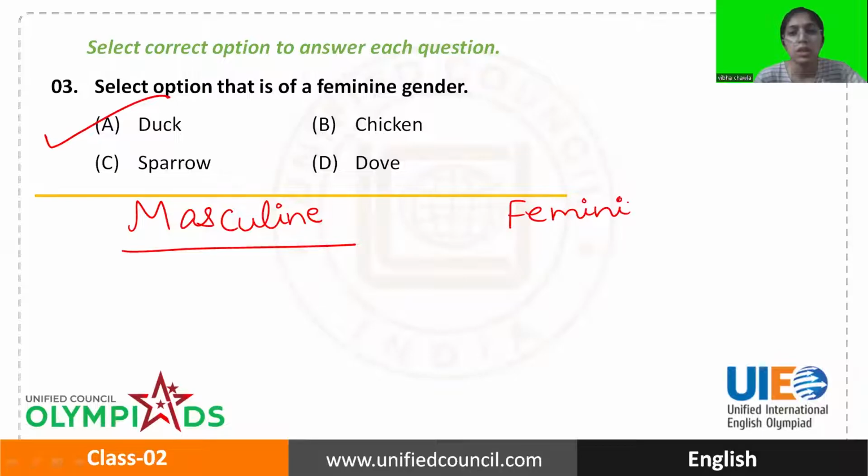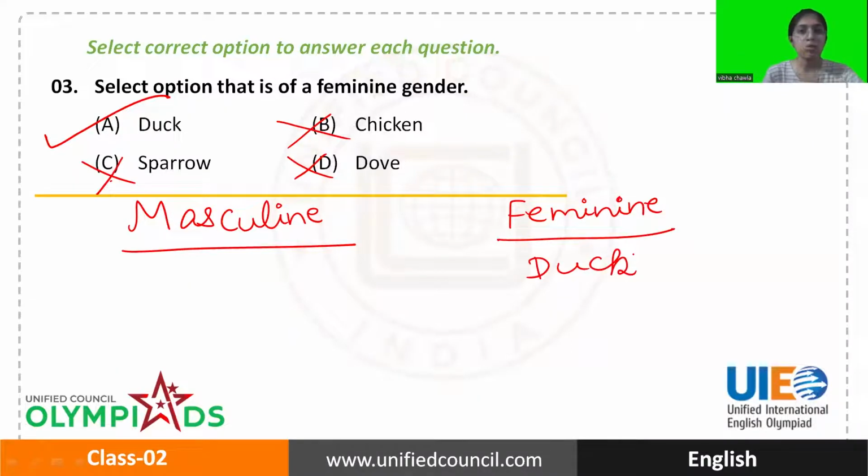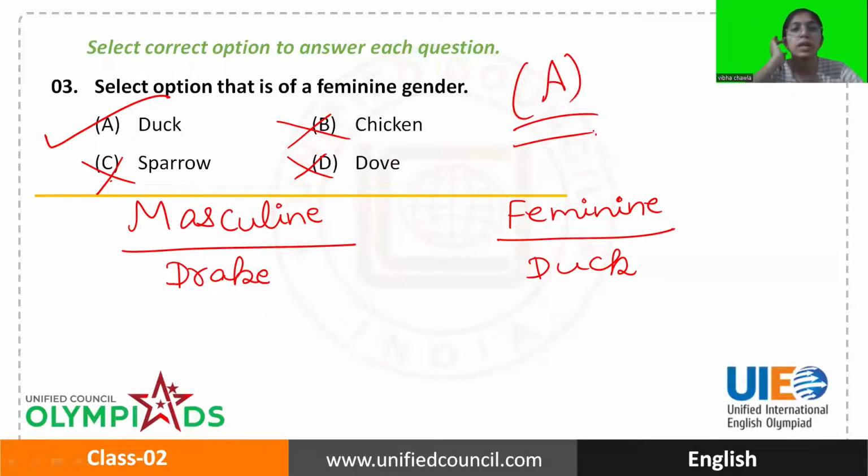Among the given options, duck is of feminine gender. If I talk about its male counterpart or masculine gender, it is drake. So it is option A. That is of a feminine gender, duck.